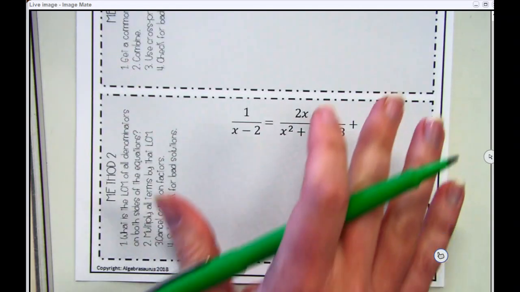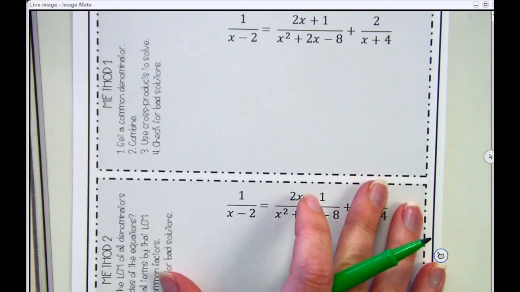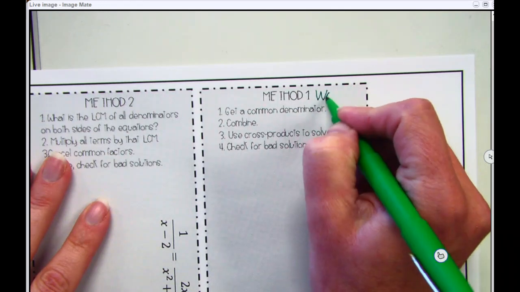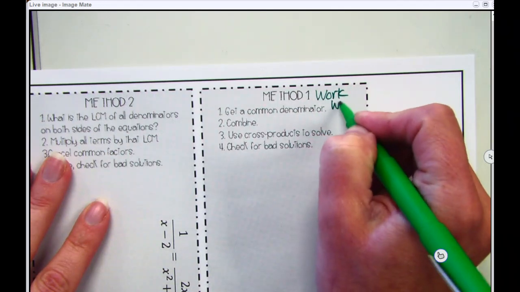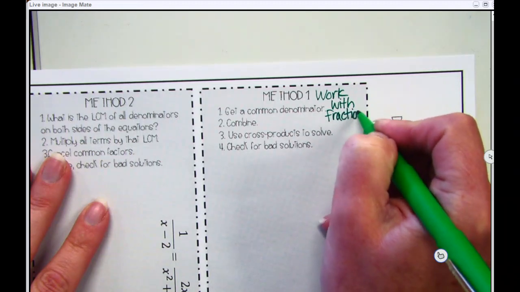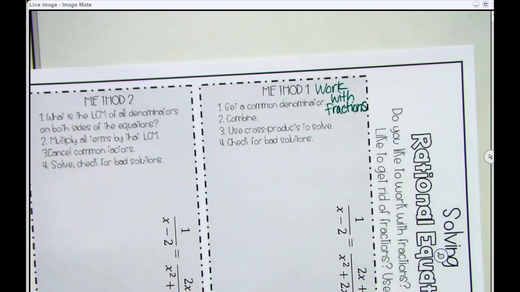So it's all about solving for x, and the first one wants us to, method 1, we're going to say work with fractions. Work with fractions is method 1.